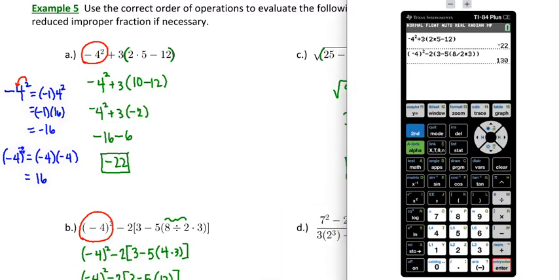Okay, let's make sure we know where to find that square root on our calculator. We use the x squared button over here on the left side of our calculator. Notice above the x squared, you have a square root in blue. So to access anything in blue on those buttons, we're first going to type our blue second key, and that allows us to pick up that square root.